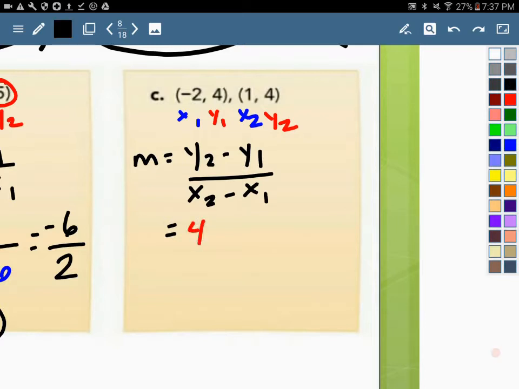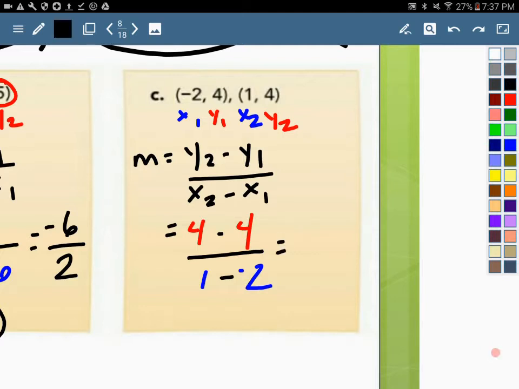So y2 is 4, y1 is 4. x2 is 1, x1 is negative 2.